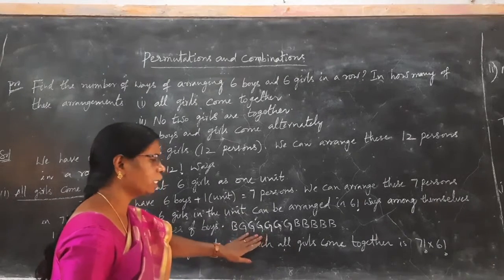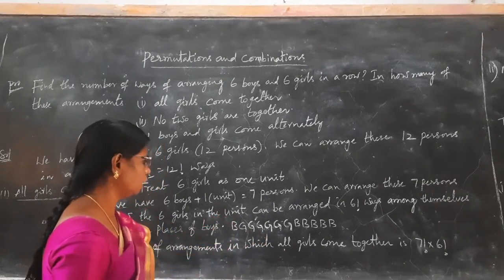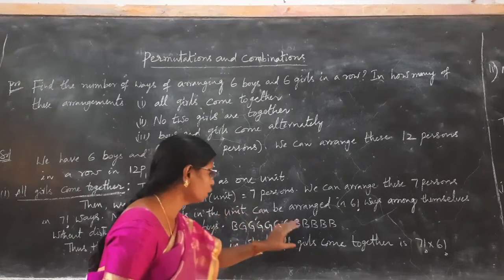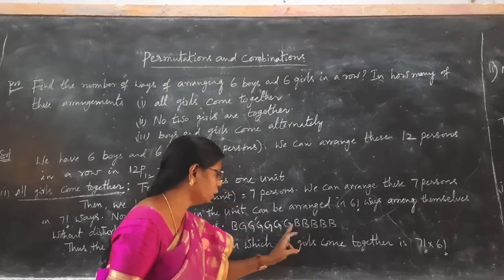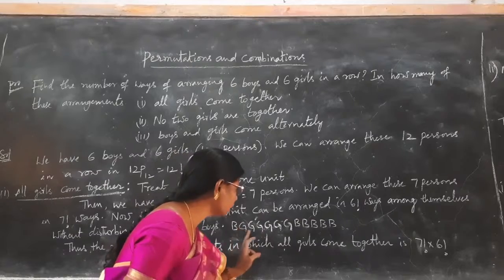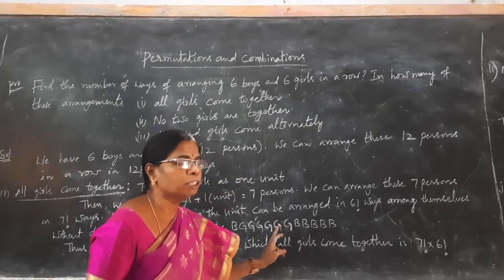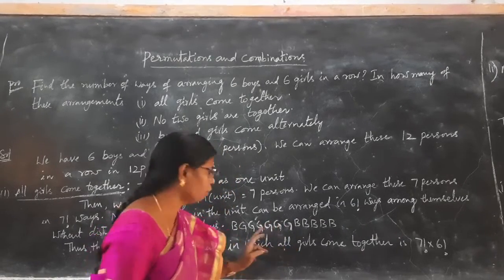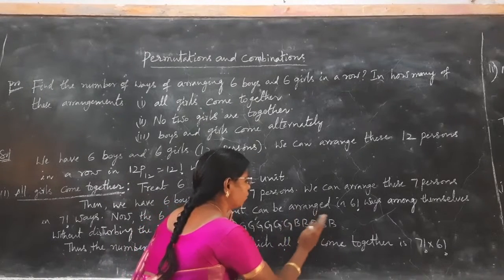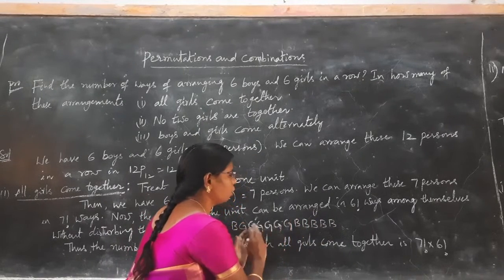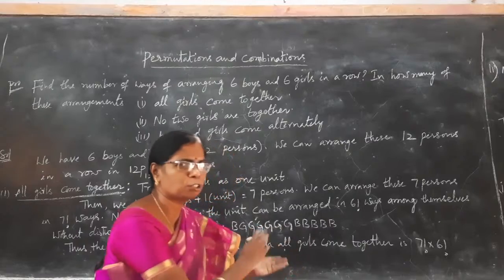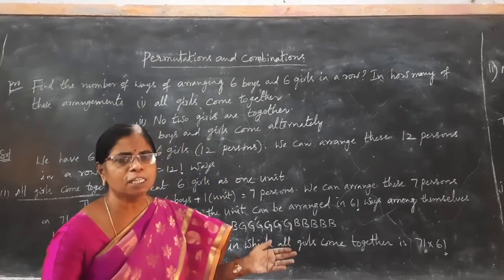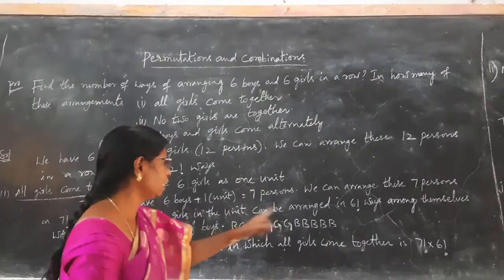So for that, what I am doing here is, without disturbing the places of these boys, I can arrange these 6 girls in the unit among themselves. The boys stay where they are, and we arrange the girls here. The 6 girls in 6 places, how many ways can we arrange? 6 factorial ways. That I write here.